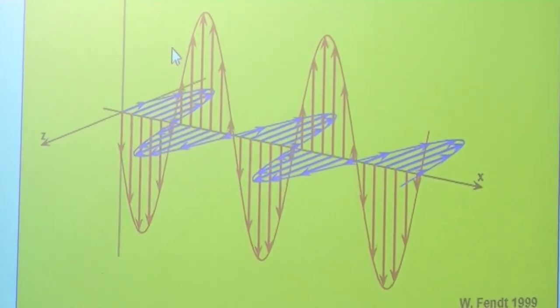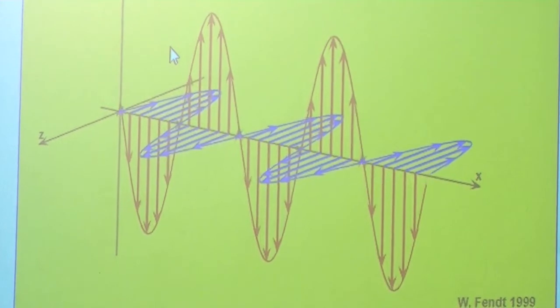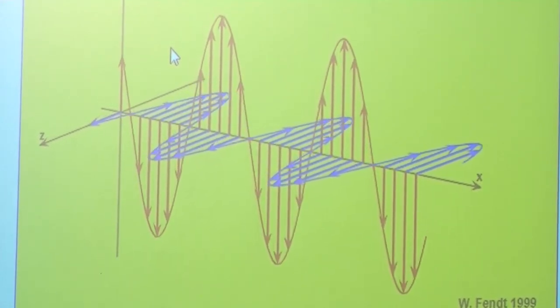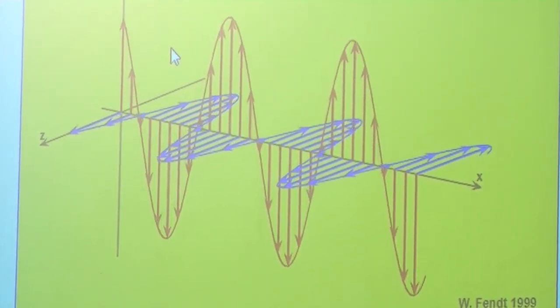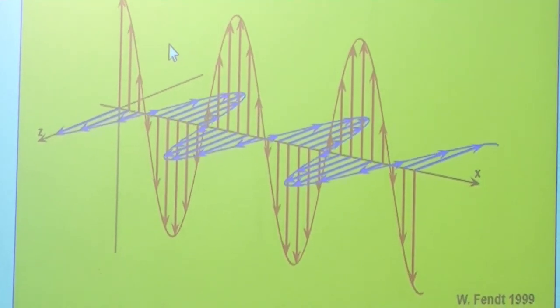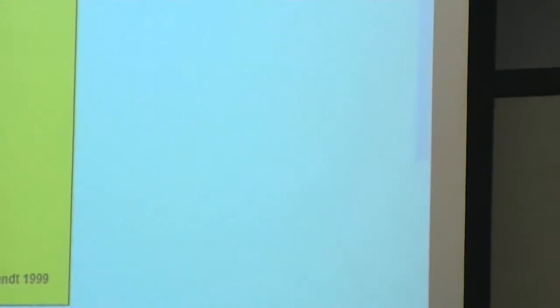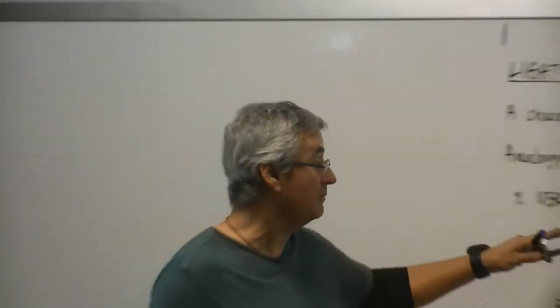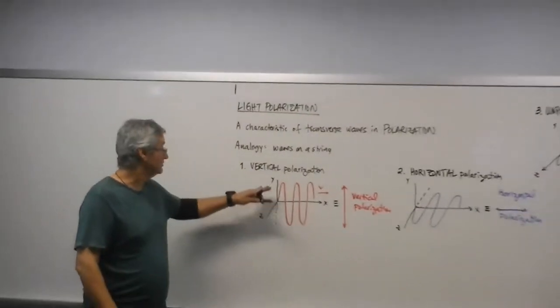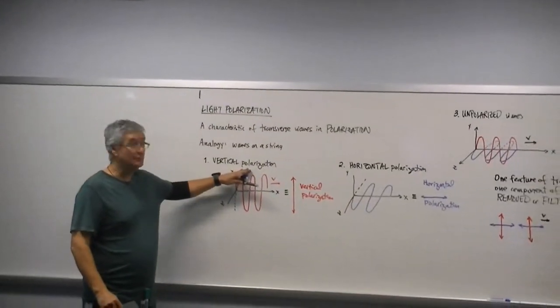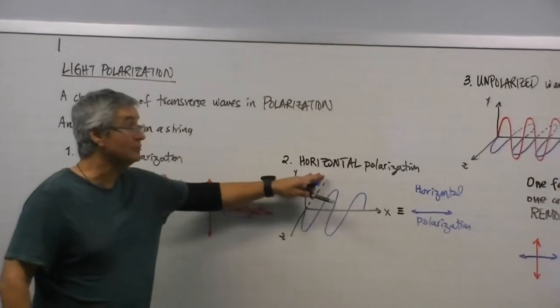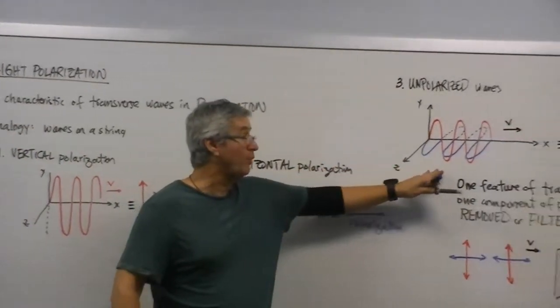So when we look at the polarization of a wave that's electromagnetic, we only focus on the electric part here. That means I could then come back and talk about the three types of polarization that we talked about with electromagnetic waves. I have vertical polarization, I have horizontal polarization, or I have an unpolarized wave.